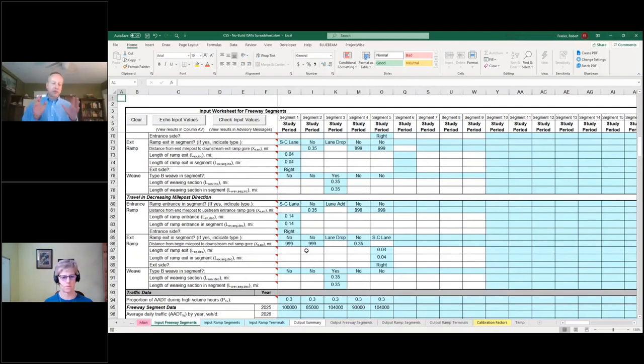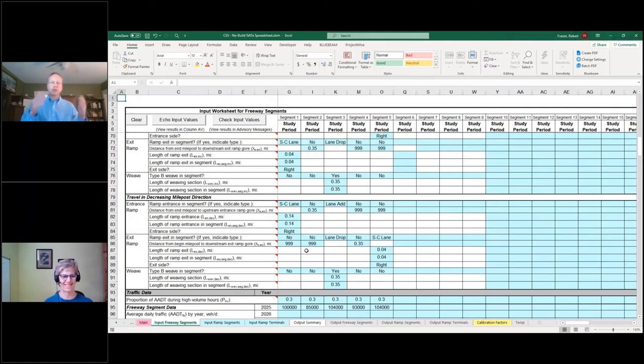So one of the things, if you're unfamiliar with the way the freeway analysis works for the Highway Safety Manual, both directions are examined at the same time. So unlike the operational analysis, where on a freeway it's one direction only, for safety, both directions are evaluated together. And that leads to often more segmentation.